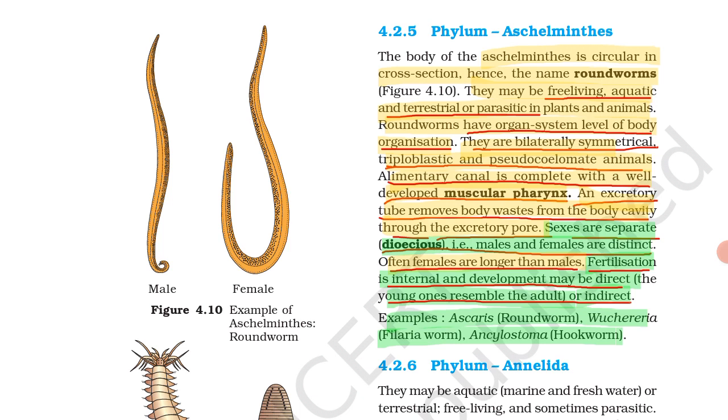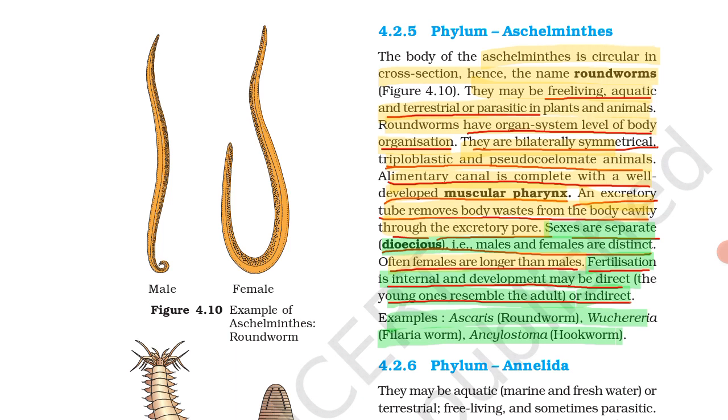Now in Aschelminthes we learn that sexes are separate, meaning they are dioecious, that is, males and females are distinct. Often females are longer than males. See figure 4.10, which gives examples of Aschelminthes. They have shown the diagram of male and female. Male is straight and female is somewhat longer than male.